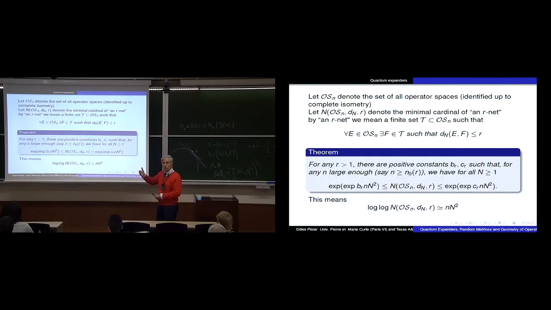Now scalars are replaced by matrices, and I ask myself the same problem, but the distance is the distance dn, where instead of using scalars, I use matrices of size capital N times capital N. And so the result is similar. We have a two-sided bound for the metric entropy of this object. And it measures a certain explosion of the set of n-dimensional operator spaces.